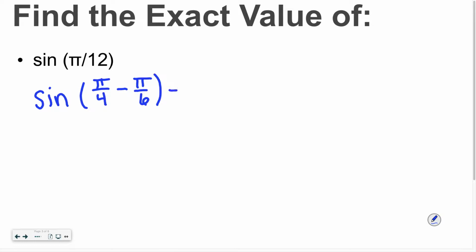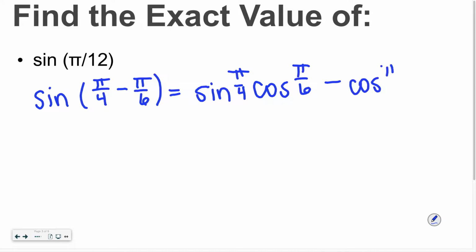So we need the sine of u times the cosine of v. Since there's the plus minus in the formula, we keep the same operation. And then we say cosine u sine v.